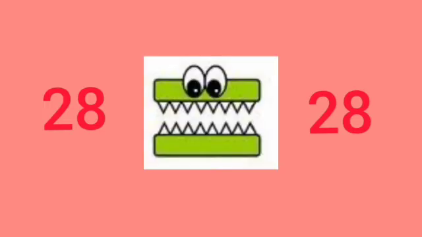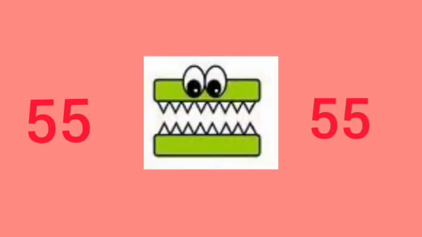So the crocodile will open his mouth on both the sides and we shall read this as 28 equal to 28. Next, 55 and 55. Again both numbers are equal, right? So we will be putting an equal to sign and we shall read this as 55 equal to 55.